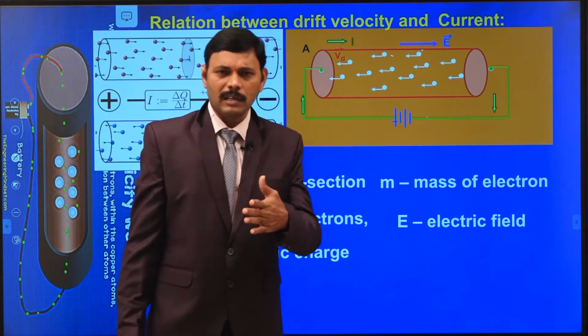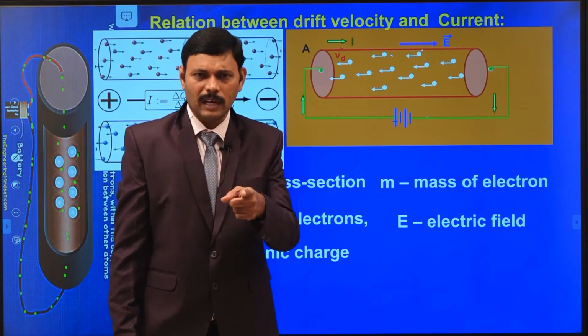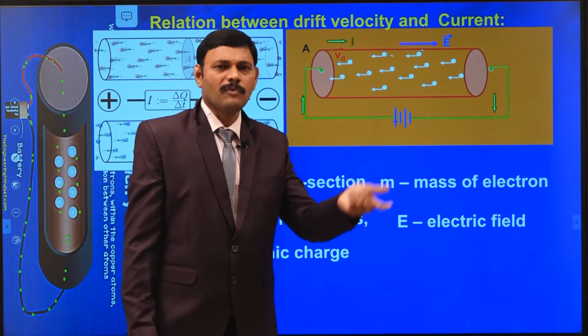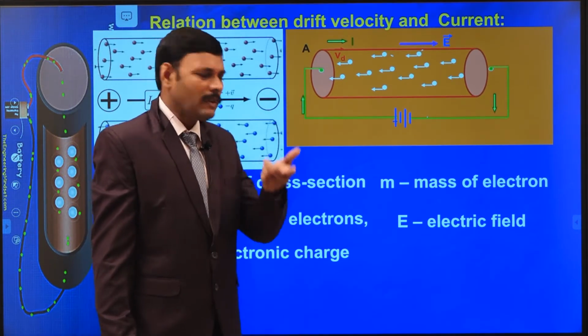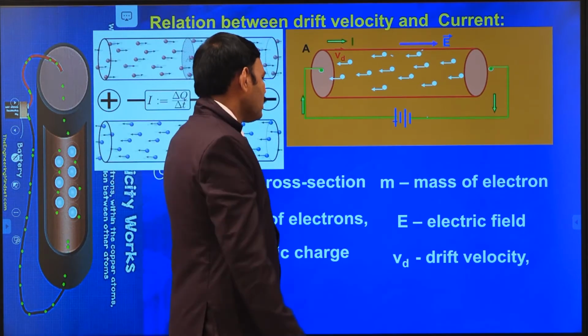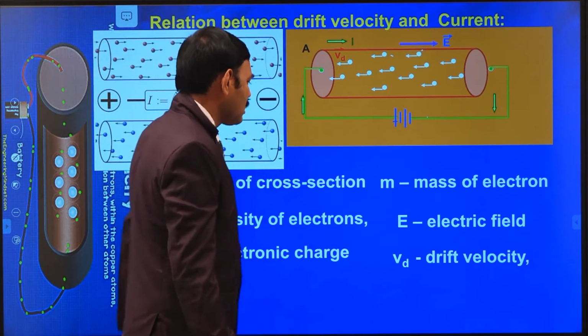In the presence of electric field, the average velocity gained by the electron is defined as the drift velocity. So we must have some electric field for the motion of electrons. So E is the strength of the electric field applied, and Vd is the average velocity in the presence of the electric field, the drift velocity.